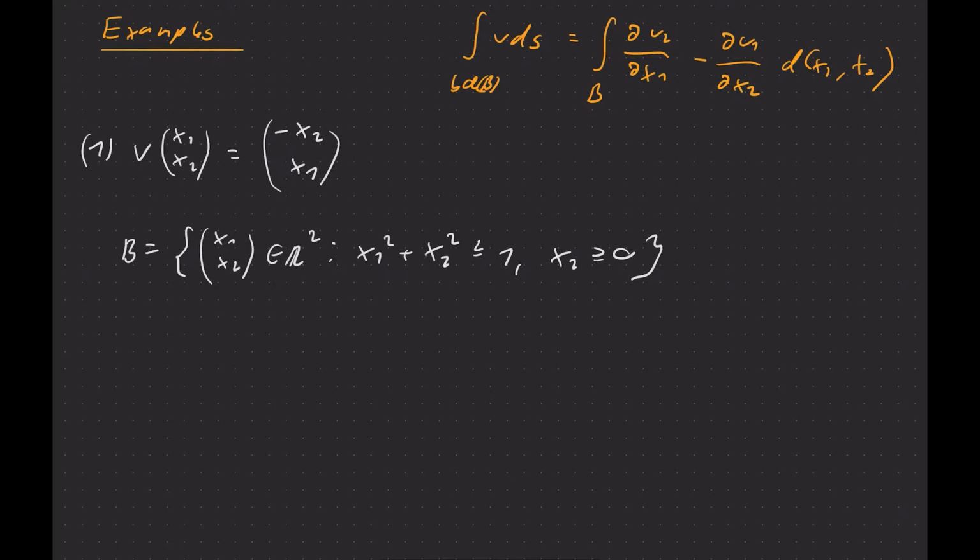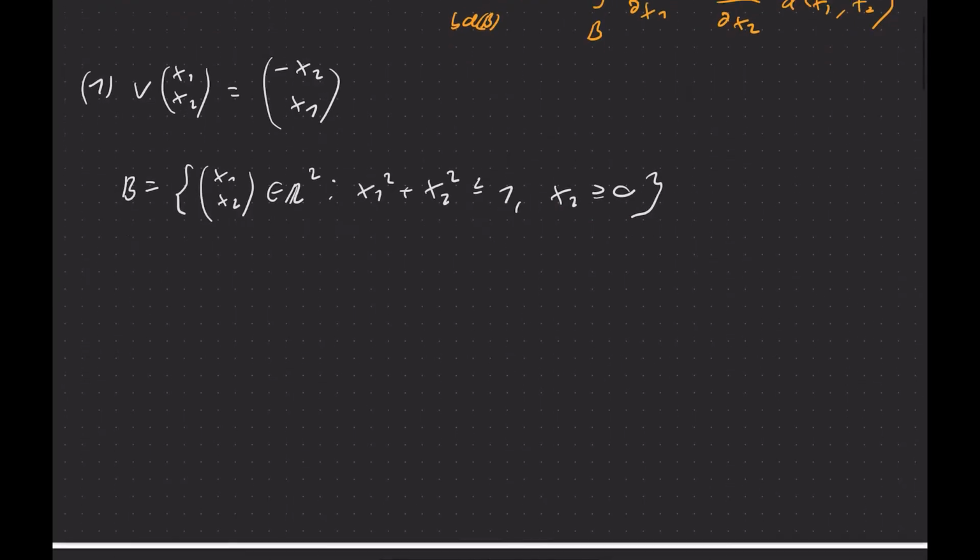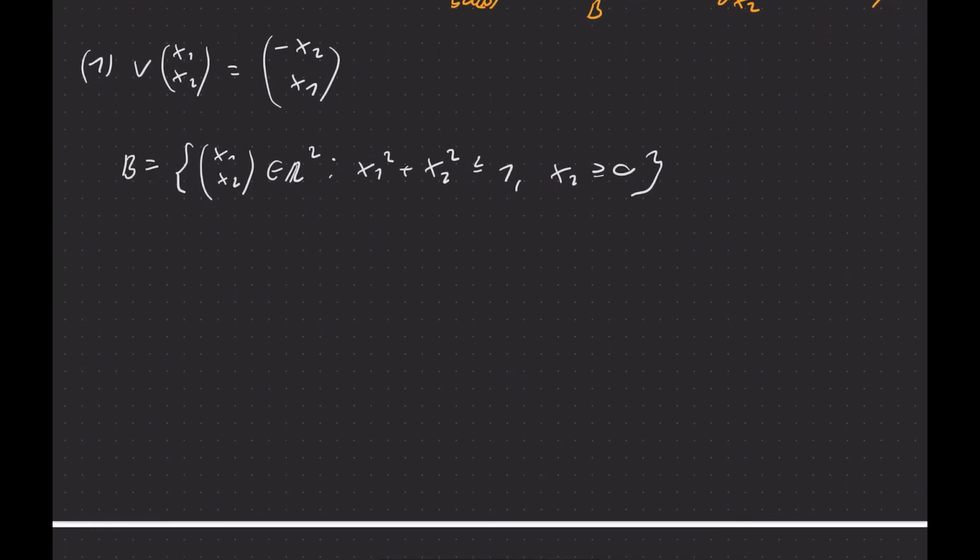So what we have here is basically a disk. This is a description of the unit disk with radius 1. And the second condition cuts off one half of the disk, so we only consider points where x2 is non-negative. Let's go for a quick sketch of this domain.